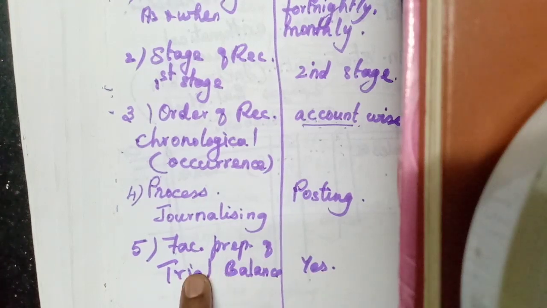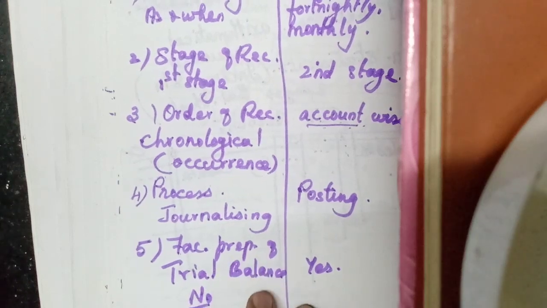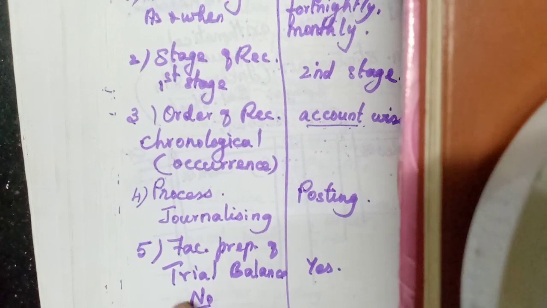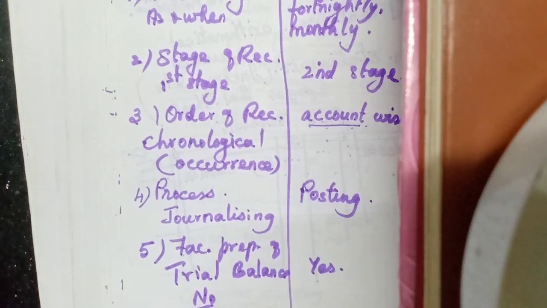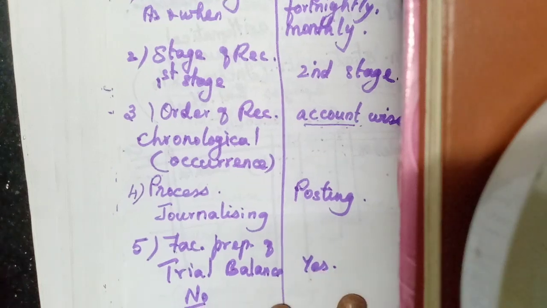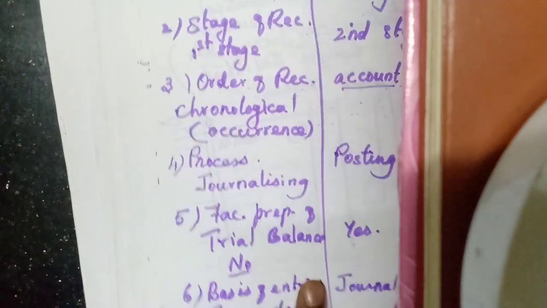Then, facilitating the preparation of trial balance. Will journal entries facilitate the preparation of trial balance? No, it won't. But we can prepare it from the ledger account balances. The ledger facilitates the preparation of trial balance.